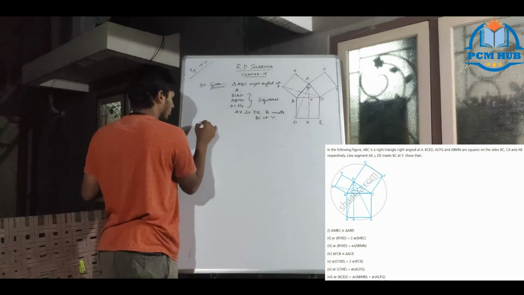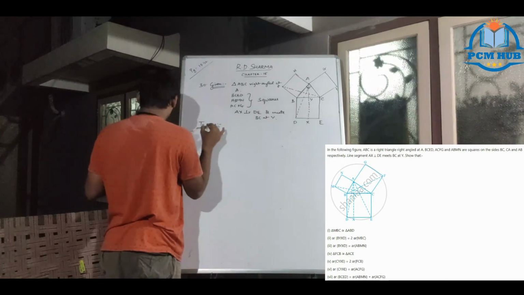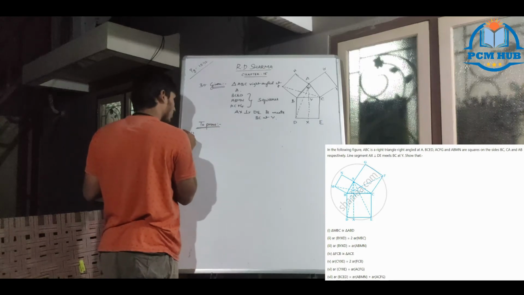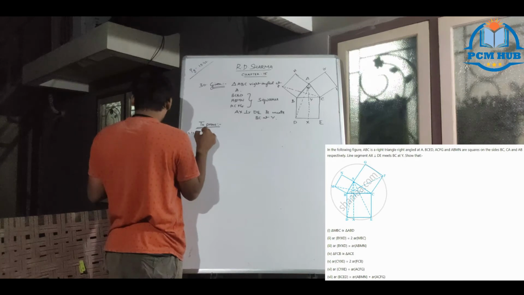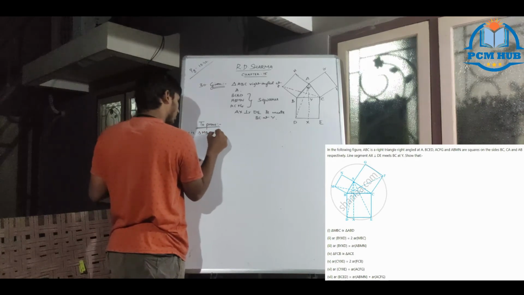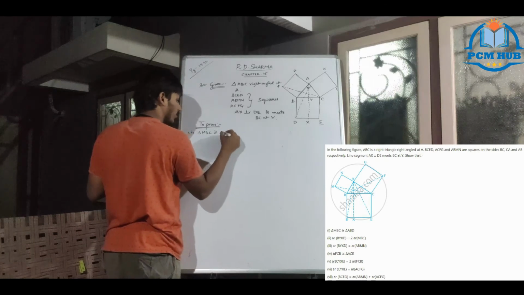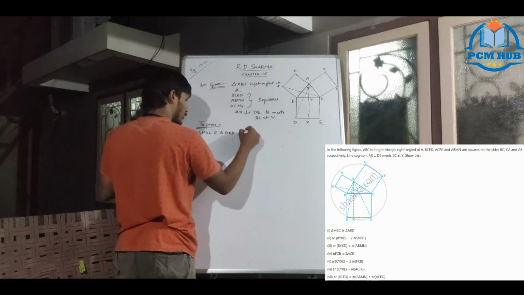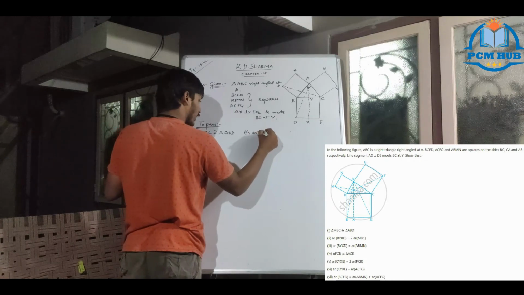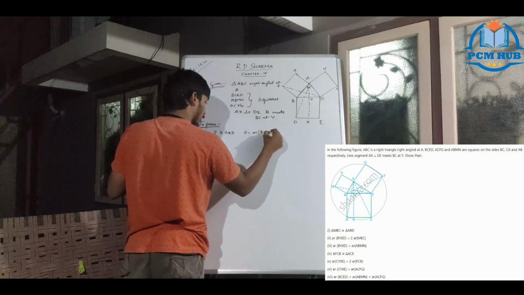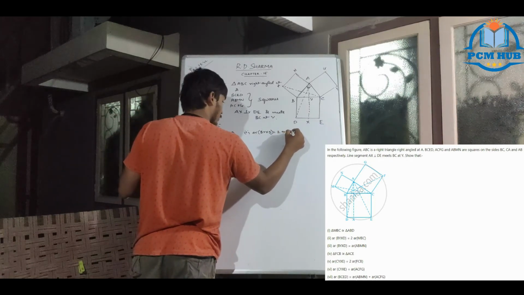Then to prove, total 8 bits. First bit, triangle MBC congruent to triangle ABD. Second bit, area of BYXD equal to 2 times area of MBC.